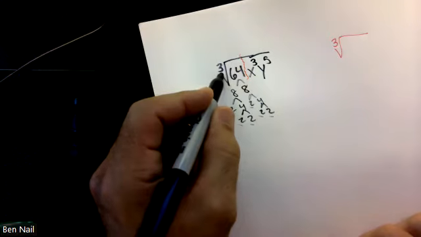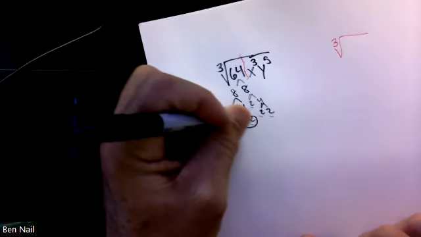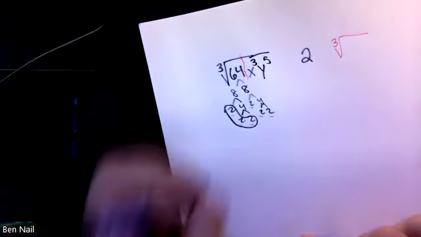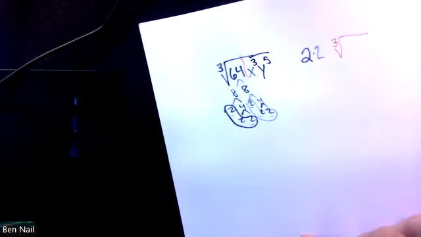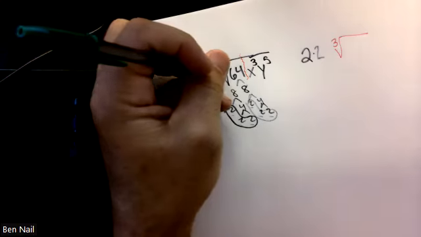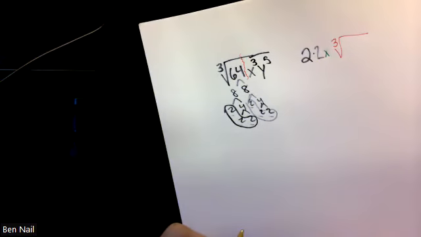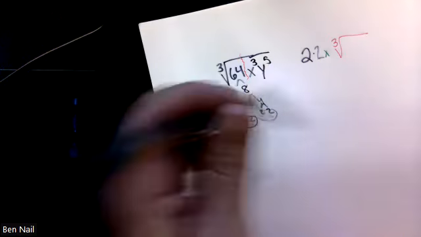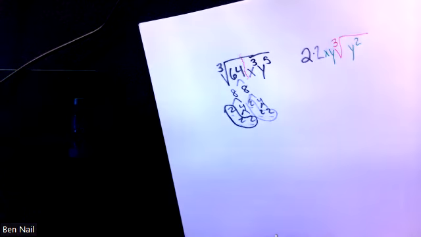Okay, again, we're looking for groupings of 3. I get a group of 3 that goes outside. I get a group of 3 that goes outside. Variables and exponents. 3 goes into 3 once with none left over. 3 goes into 5 once with 2 left over.